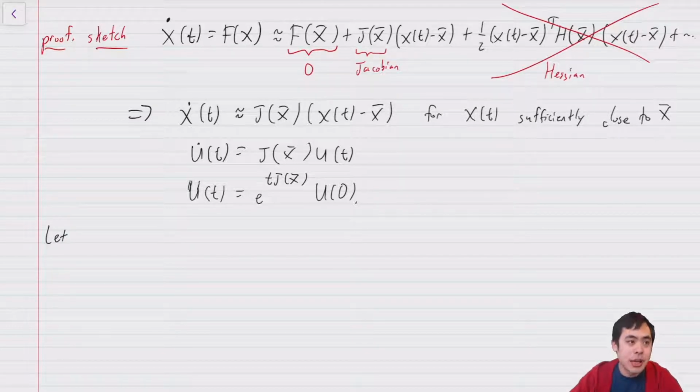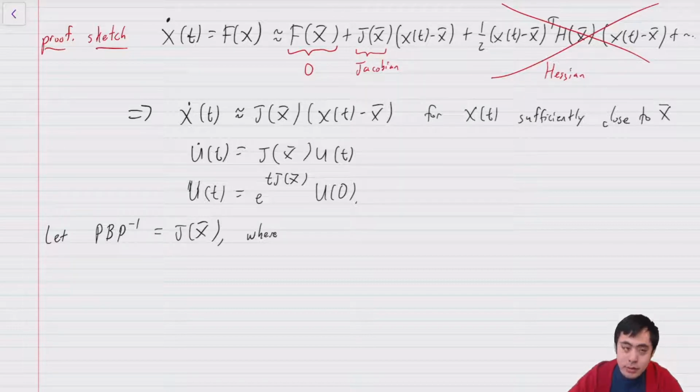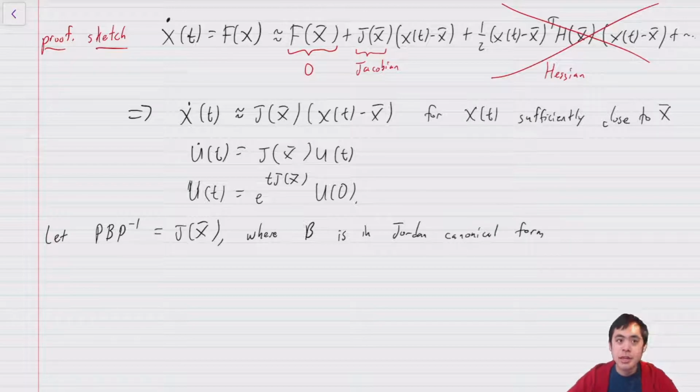So let's assume we can rewrite the Jacobian matrix in Jordan canonical form, where B is in Jordan canonical form. So that means that there are eigenvalues along the diagonal and 1 or 0 entries on the row above it, depending on what the Jordan blocks are.